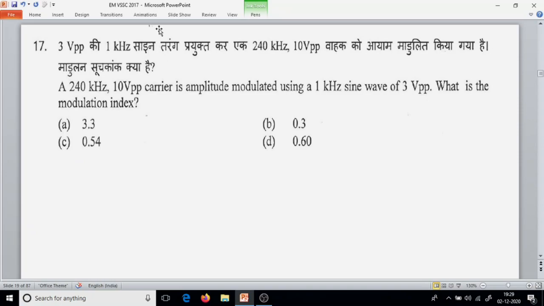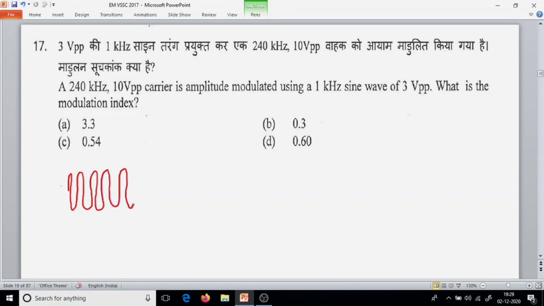Question number 17. A 10 volt peak to peak carrier at 240 kilohertz is amplitude modulated using a 1 kilohertz sine wave of 3 volt peak to peak. What is the modulation index? The question is very simple, but how to solve it? Let's see. It's an amplitude modulation, so the carrier is like this.